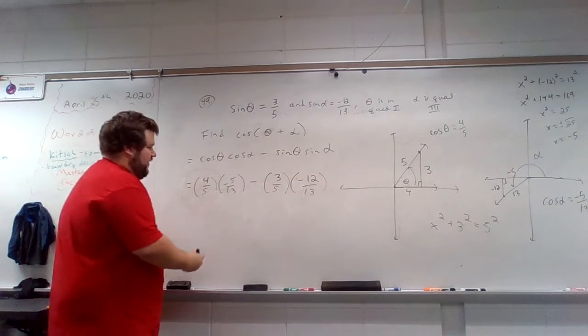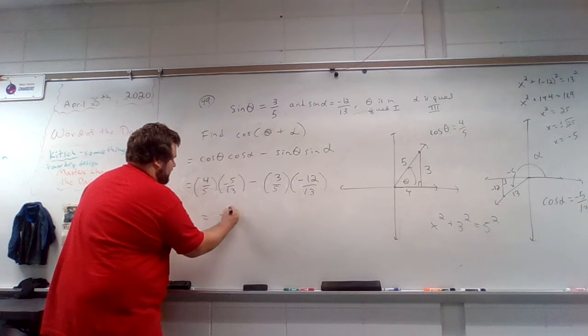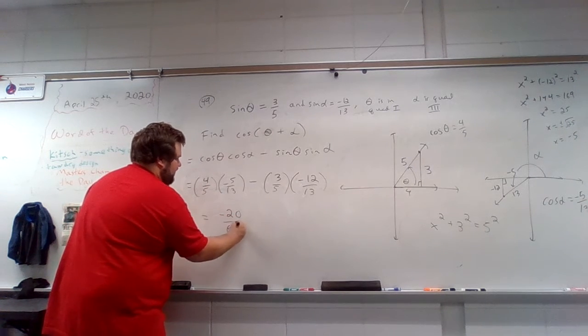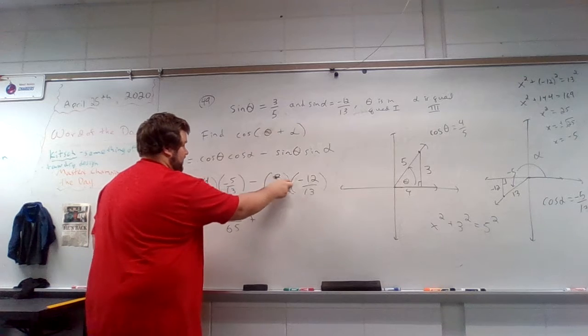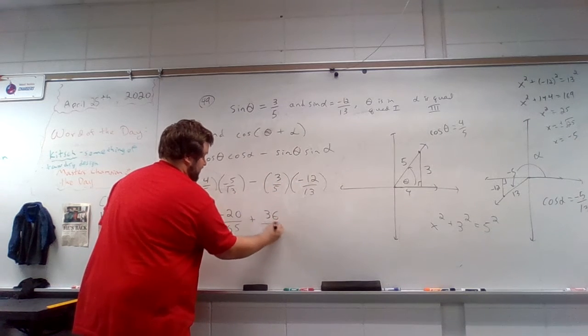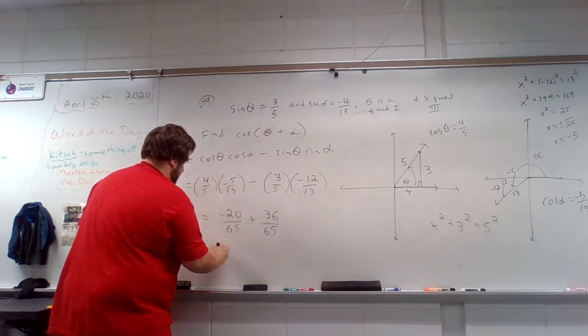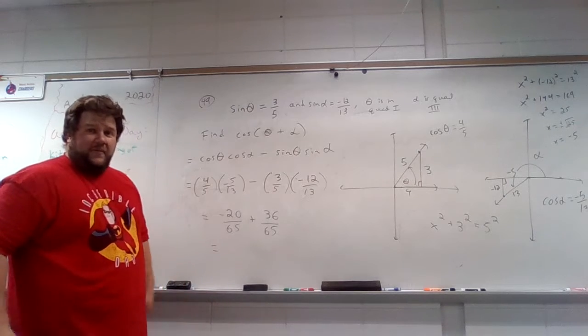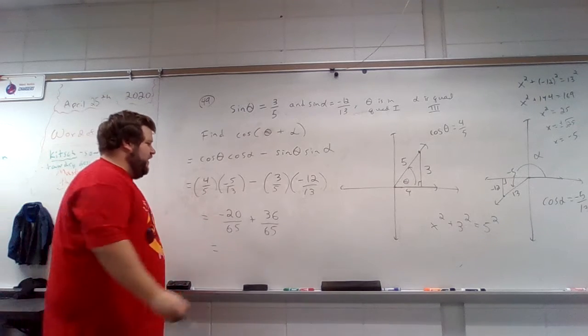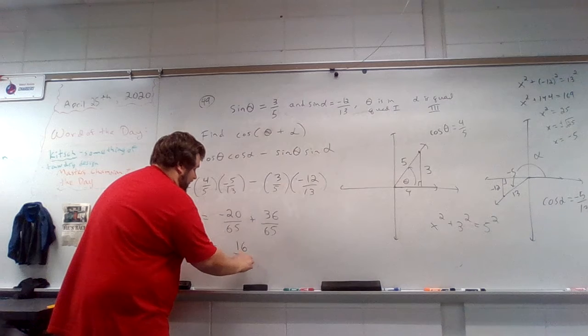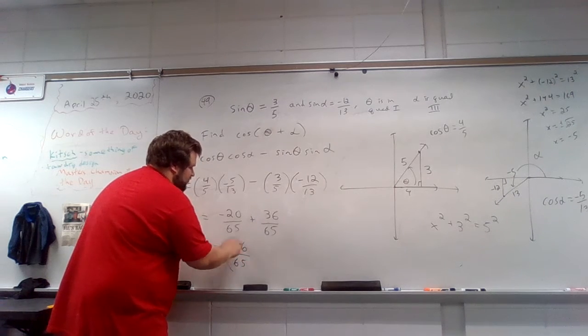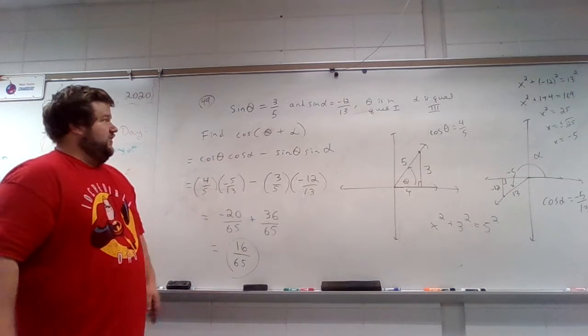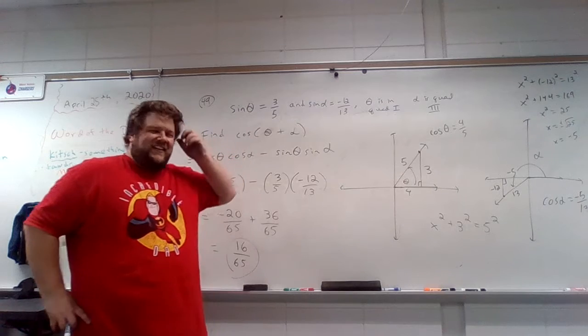So what does this simplify to? Well, this is negative 20 over 65. And negative 3 times negative 12 is plus 36 over 65. So fortunately, we have a common denominator. If I add those two together, I do get 16 over 65. And that doesn't simplify. That would be my answer to this question. That is what that value is.